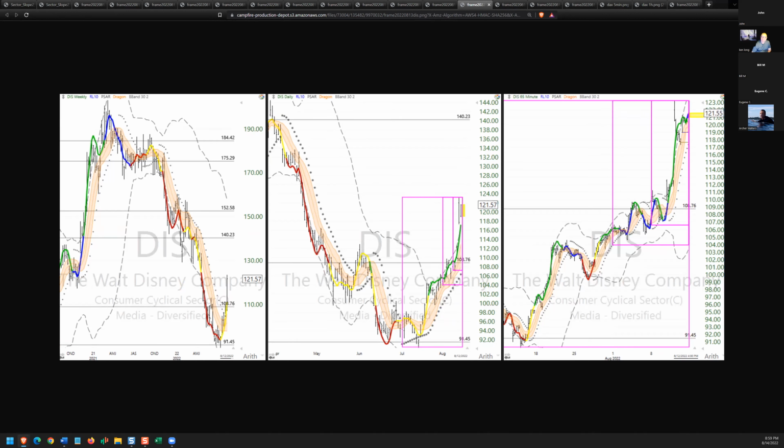Walt Disney, amazing earnings, really had a big breakout, had an inside day. So this one, I'm cautious on this one. I think if it fails below here, it's coming back because it's run up so fast.